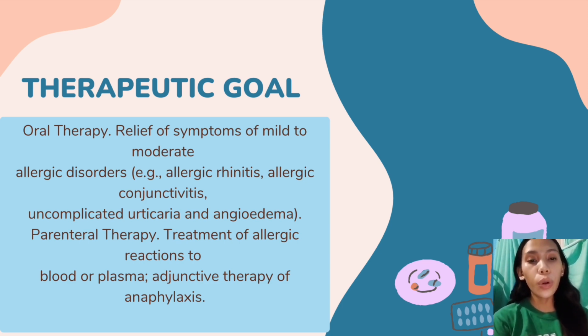For our therapeutic goal, oral therapy is for relief of symptoms of mild to moderate allergic disorders. Examples: allergic rhinitis, allergic conjunctivitis, uncomplicated urticaria, and angioedema. Parenteral therapy is for treatment of allergic reactions to blood or plasma, and as adjunctive therapy of anaphylaxis.